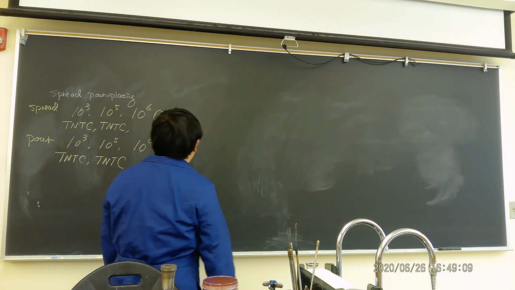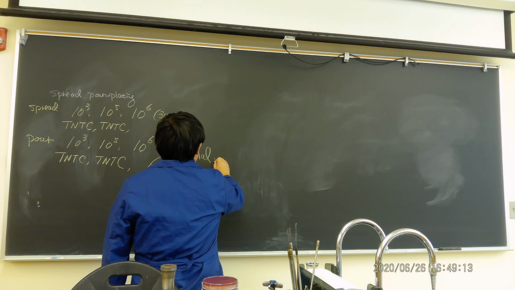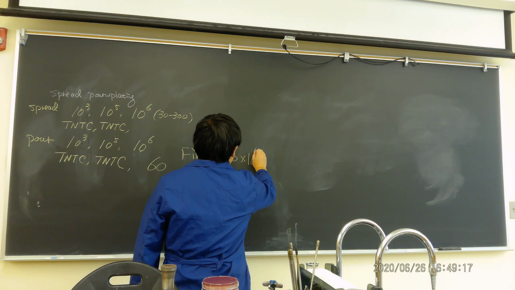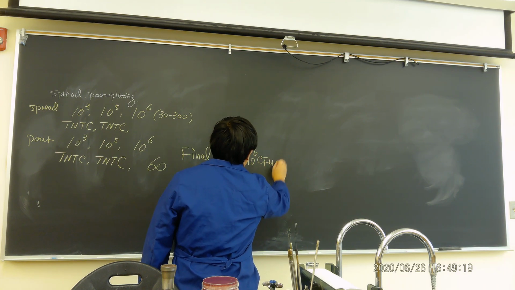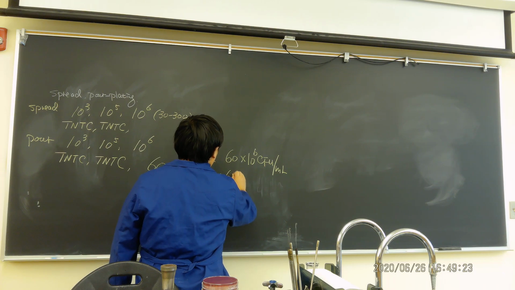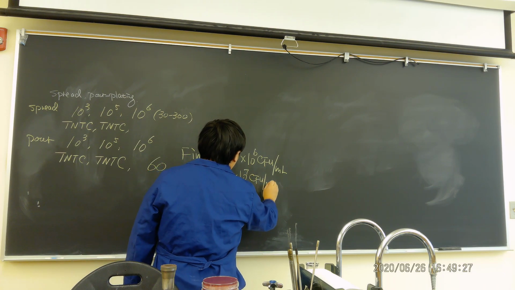So what is the final population? That equals 60 multiplied by 10 to the 6 CFU per ml. That equals 6 multiplied by 10 to the 7 CFU per ml.